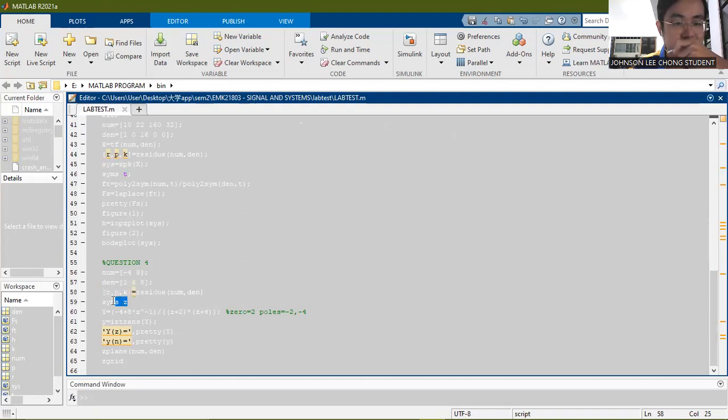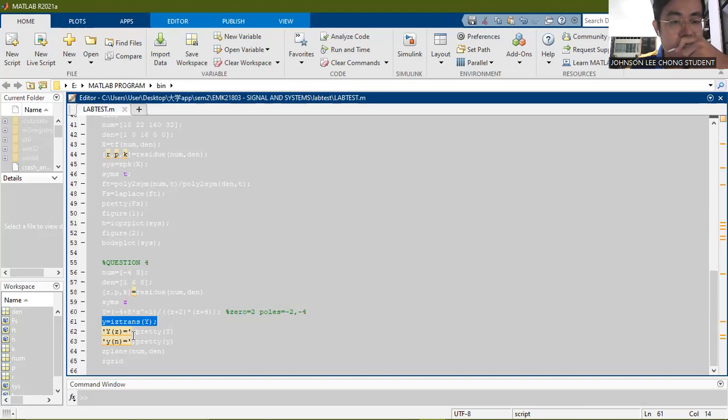Okay, and this is to let the system know that I already created a character Z. Okay, and this is the calculation for question 4. Okay, and this is to find out our inverse transform of y.